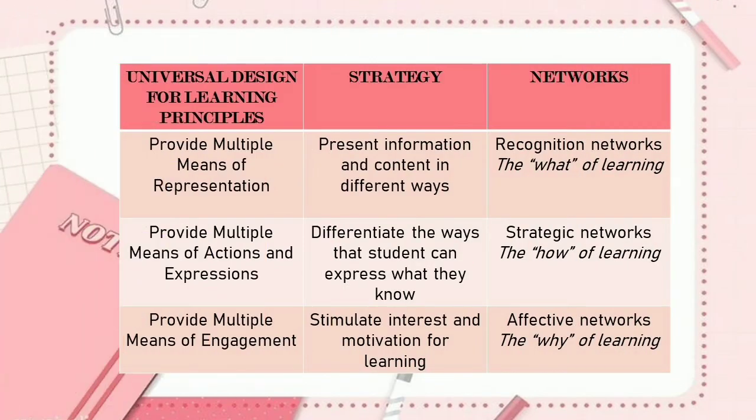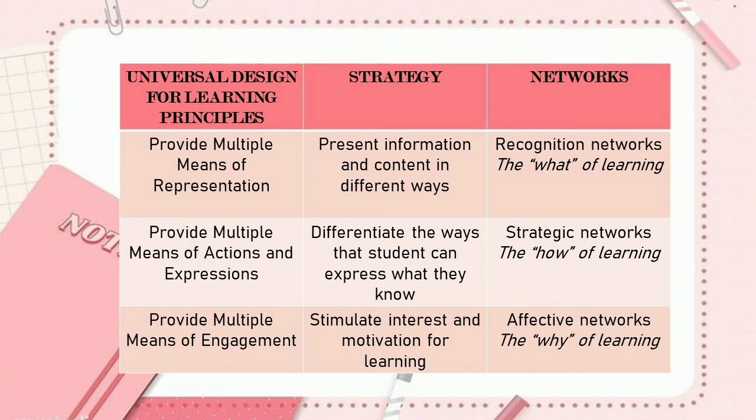To sum up the three principles, the table shown here is about the three UDL principles. Now we have the Universal Design for Learning principles. I have discussed earlier that the three UDL principles are: first, provide multiple means of representation. Second, provide multiple means of action and expression. And Principle 3, provide multiple means of engagement.